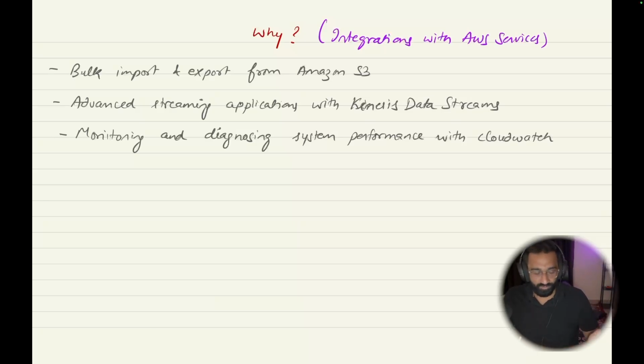If you are building a streaming application and want data to be streamed somewhere, you can use Kinesis Data Streams. Also, like we discussed earlier, if there is new data that got updated, you can have an event-driven architecture that would help you trigger some Lambdas. And third is the monitoring and diagnosing of your system using CloudWatch.